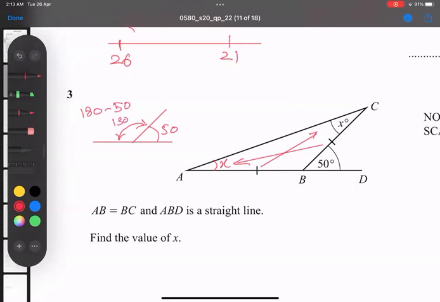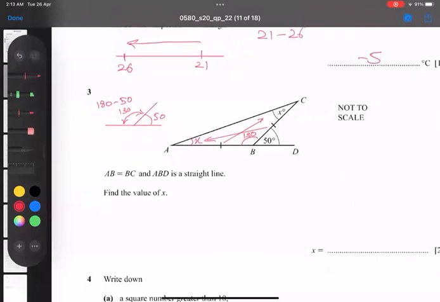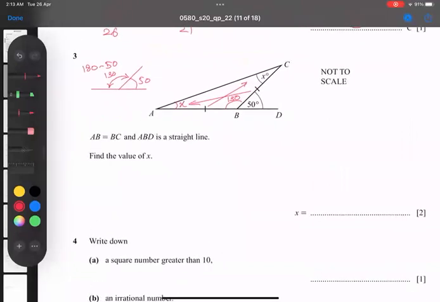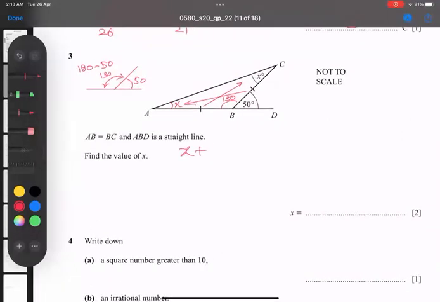So this angle is 130, which I'm mentioning inside. And the sum of the angles in a triangle gives you 180. So x plus 130 is equal to 180. x plus x gives you 2x. And this 130 you can take to the other side. And 180 minus 130 gives us 50.